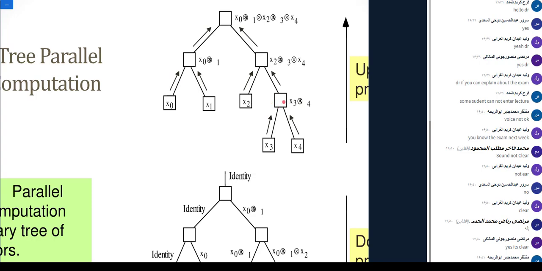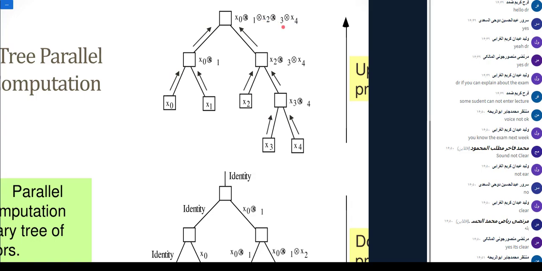At the next step, x2 from this leaf and x3 symbol x4 from this node give x2 symbol x3 symbol x4 here, and at last x0 x1 from this one and x2 x3 x4 from this one give x0 x1 x2 x3 x4.